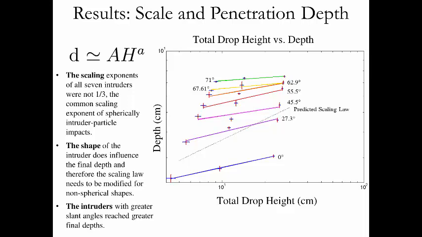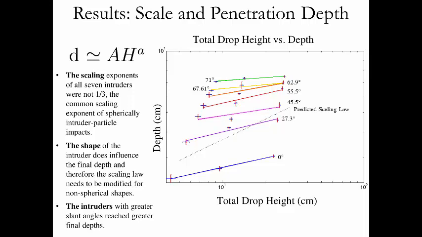And you can see that that slope doesn't match any of the other slopes. All the other slopes of all the other intruders, the non-spherical ones, are not equal to 1/3. In fact, they're all smaller. And the slopes tend to decrease as the intruder becomes more angled or pointy.